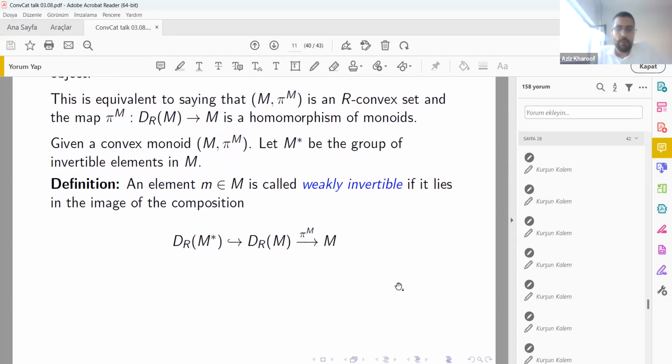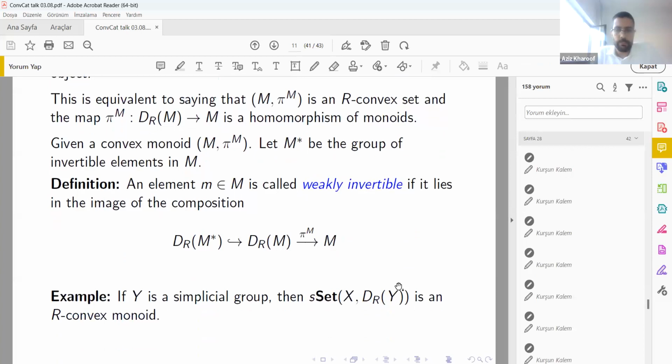An example of a convex monoid is the following: the set of simplicial distributions, when Y is a simplicial group. What do we mean by simplicial group? We mean that all the sets are groups, and all the face and degeneracy maps are homomorphisms. In this case, this is a convex monoid.